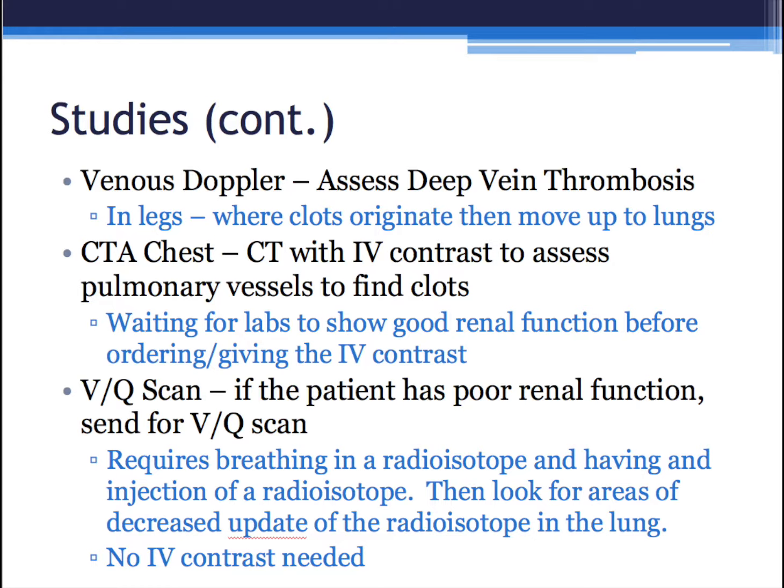And if there's a defect, then we know that they're not perfusing that area of the lung and there's possibly a clot there. So the results of this study do not come back and say positive for blood clot or not, because that essentially is not what this test is doing. It would just tell you low probability, moderate probability, or high probability based upon the actual scan. And obviously this requires no IV contrast.